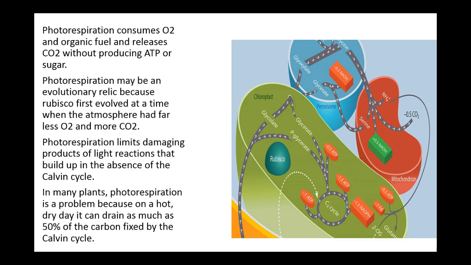This process limits the damaging products of light reactions that build up in the absence of the Calvin cycle. And in many plants, photorespiration is a problem, because on hot, dry days it can drain as much as 50% of the carbon fixed by the Calvin cycle.